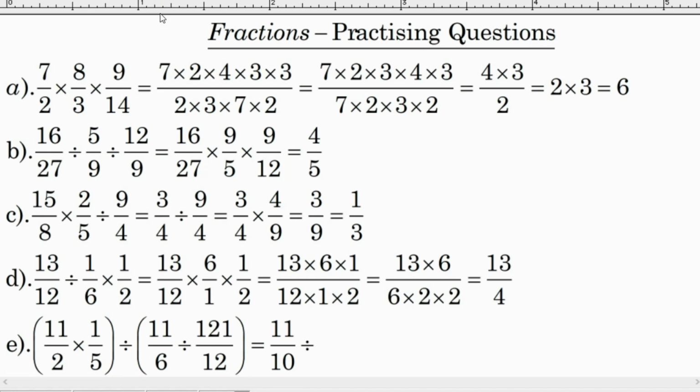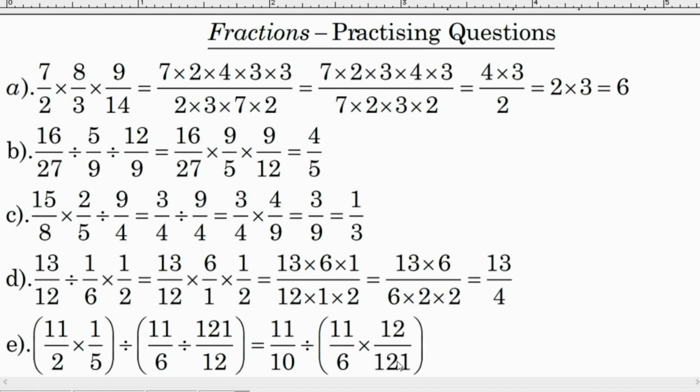So here is what we will have. We have 11 divided by 6. We keep the first fraction still the same, then we change the division sign here to a multiplication sign, and then flip 12 to the numerator and then 121 to the denominator.